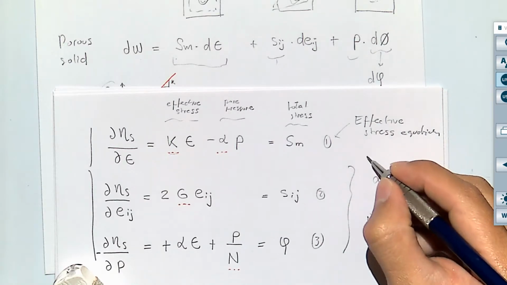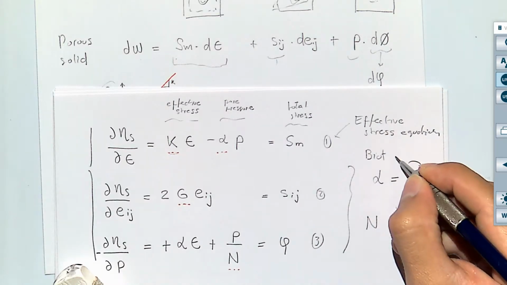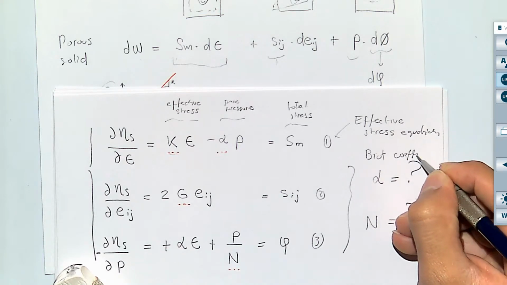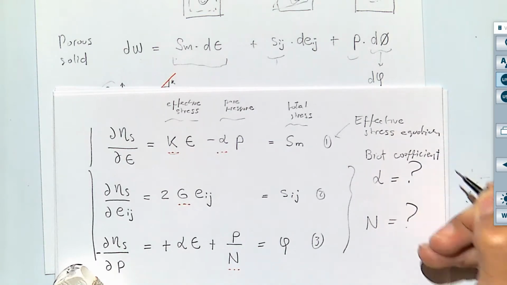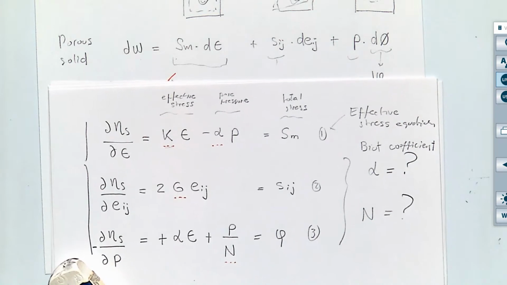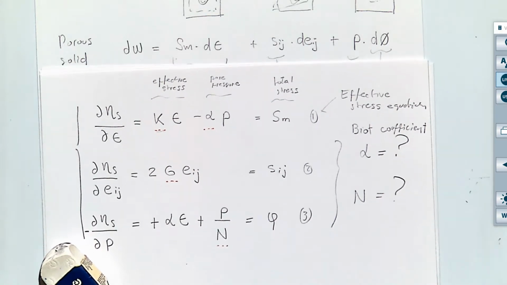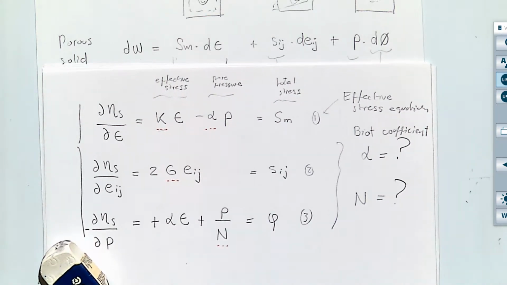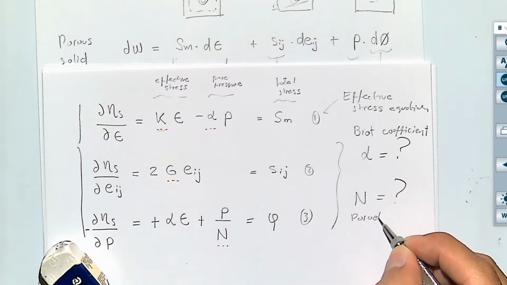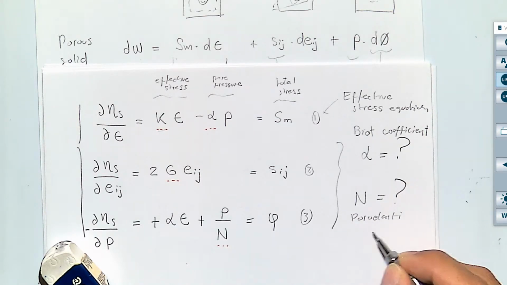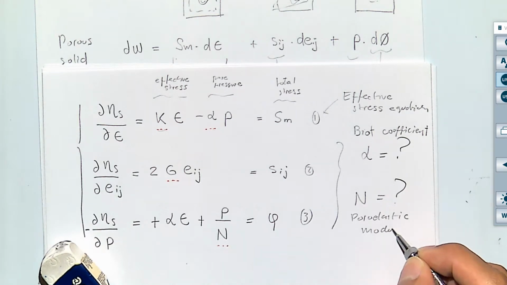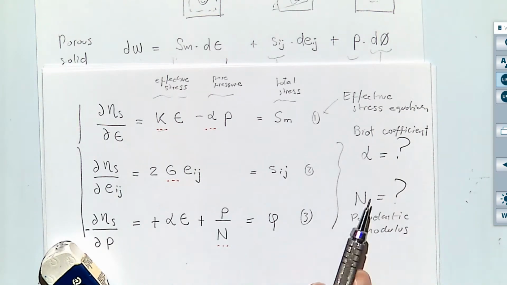The alpha is the so-called Biot coefficient. So Biot was the person who developed this theory originally, and that's why it is called the Biot Poroelastic coefficient. And N is something which is called a Poroelastic modulus, a lot less popular than the Biot coefficient, but it's super important too.